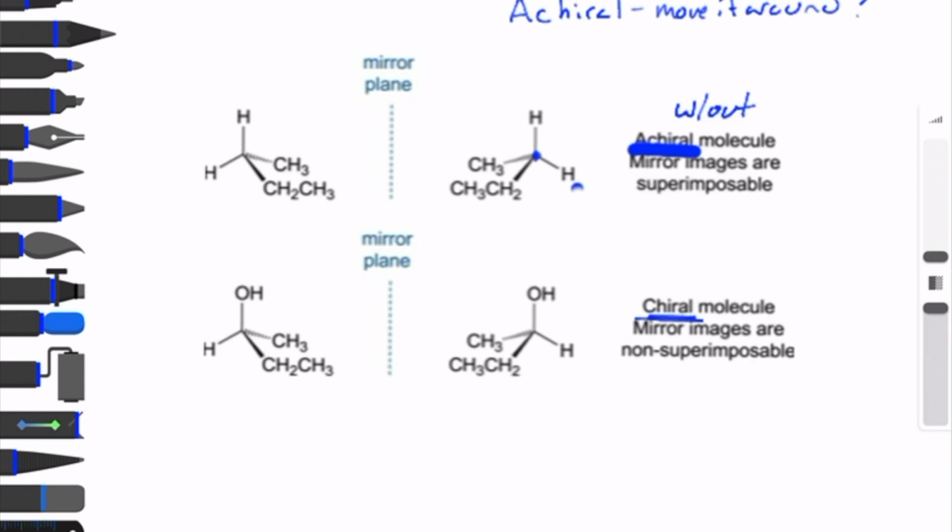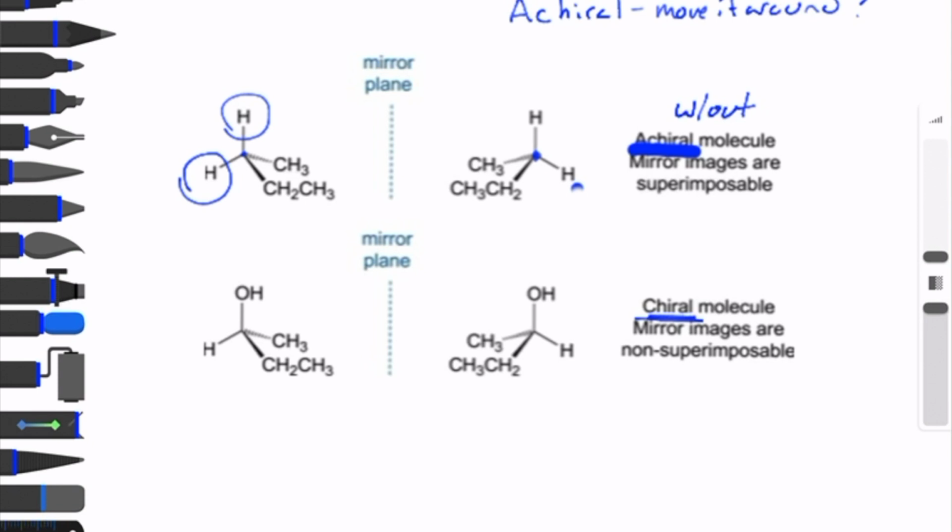If you look at the center carbon and you look at the functional groups, we have 2 functional groups that are the exact same. That's how you can help tell if it will be chiral or achiral. If you have two or more, at least two.